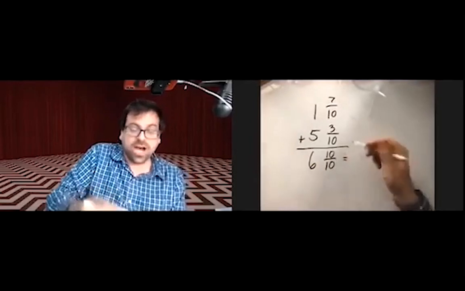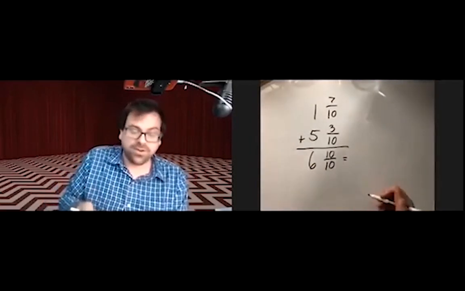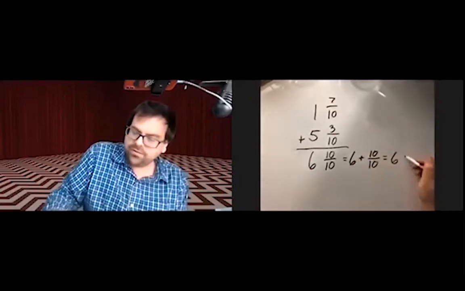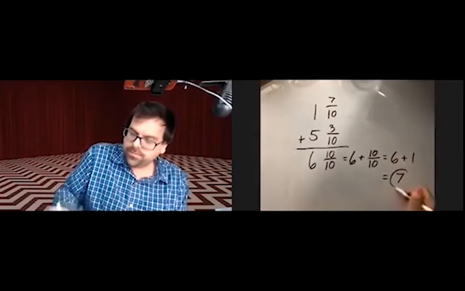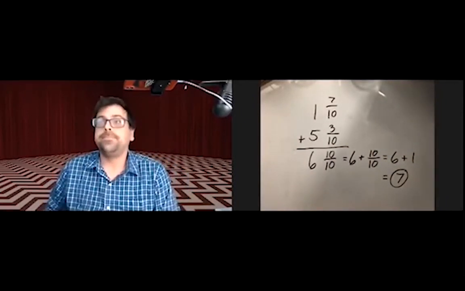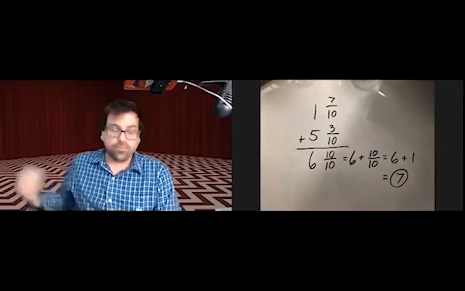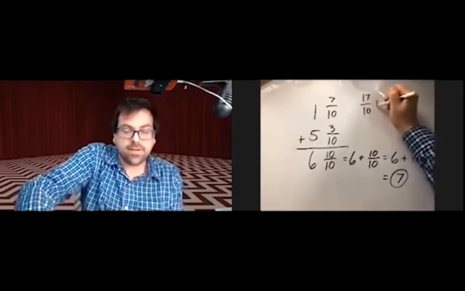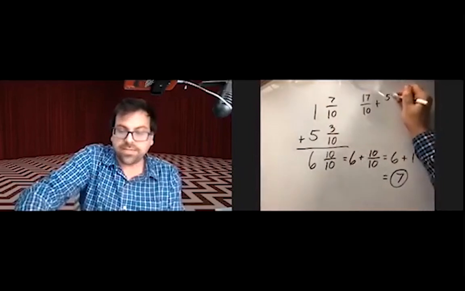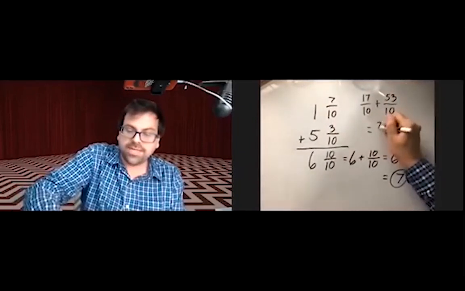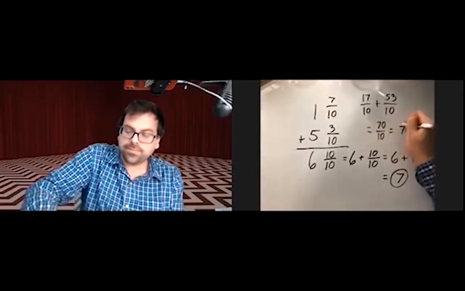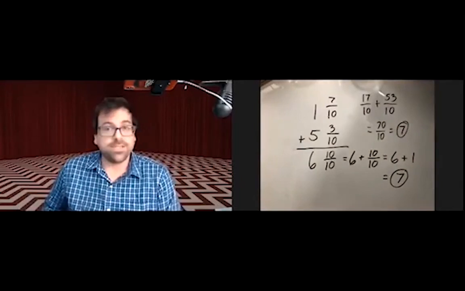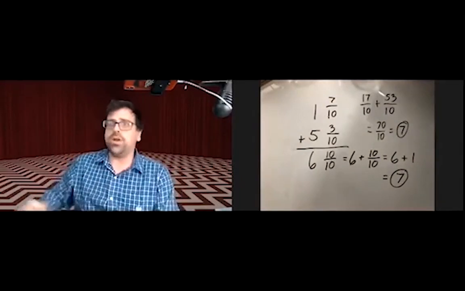The top number is not smaller than the bottom number. They're the same. And we know what 10 over 10 is. Anything over itself is 1. Our answer is 7. If we went with improper fractions, this is 17/10 plus 10 times 5 is 50, 53/10, which would be 70/10, which is 7. Either way, you get the same answer. That's new for addition and subtraction. Multiplication and division, we know we would not get the same answer.